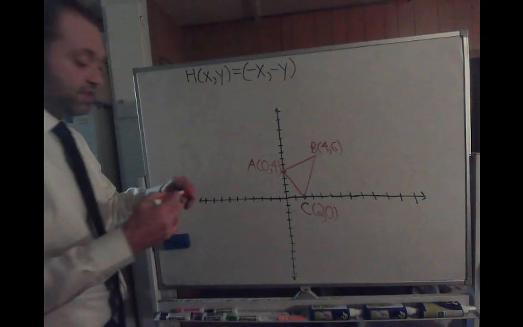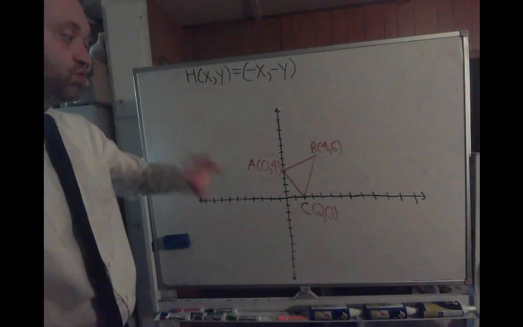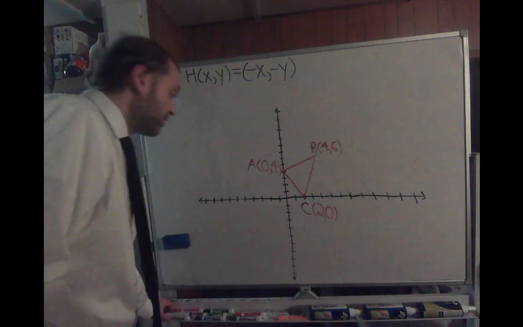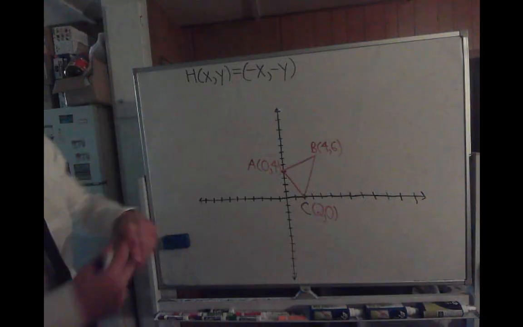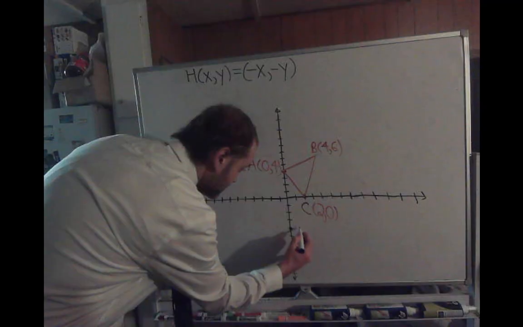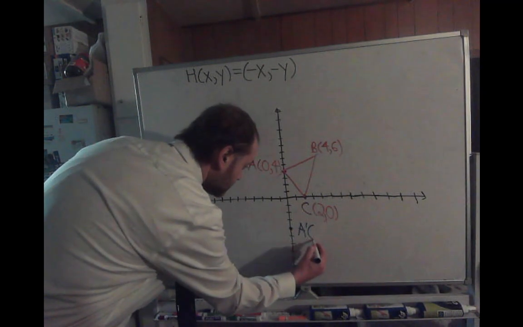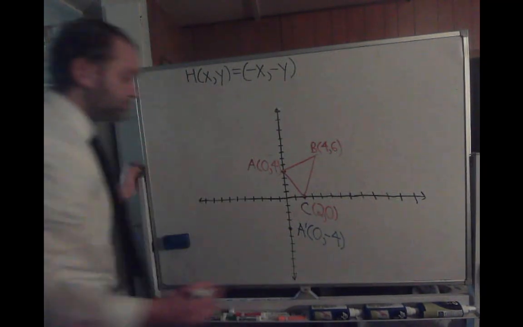Okay, so if I put in the x coordinate of 0 for negative x, well, negative 0 is just 0. I haven't gone anywhere. However, if I put in that 4 for the y coordinate, I'll get negative 4. So A prime is going to be at 0, negative 4.